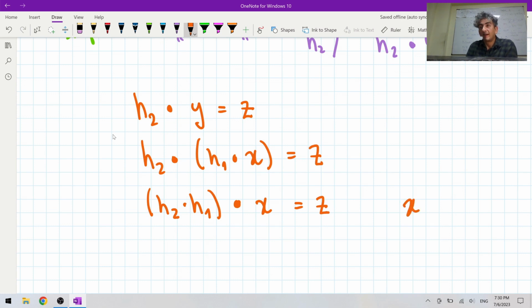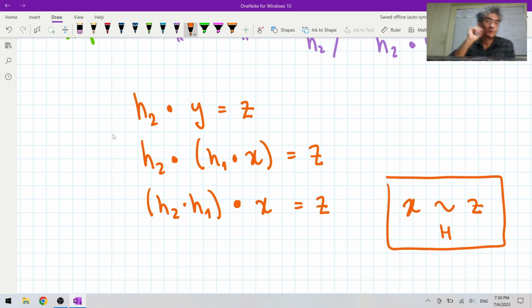X is related to Z through H. So what we have now is an equivalence relation.